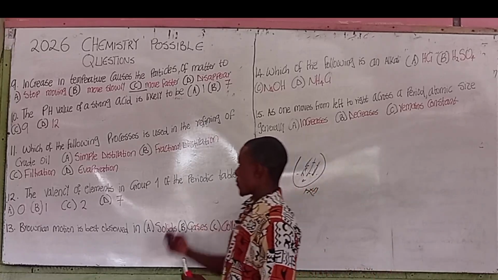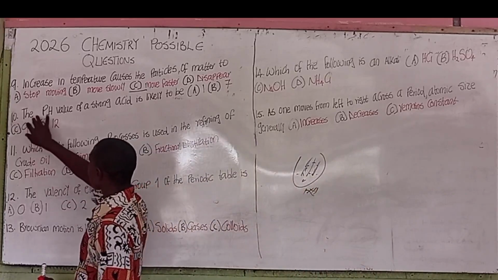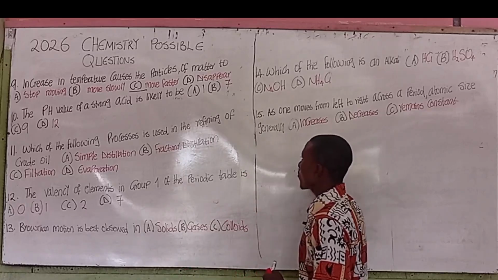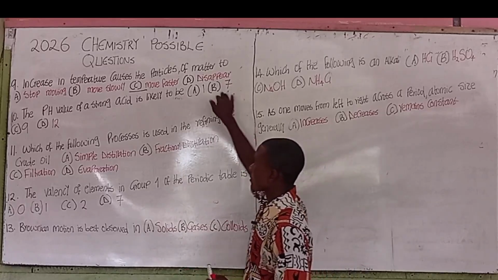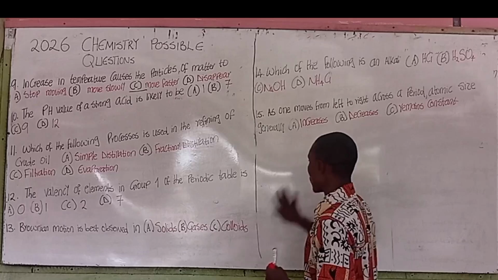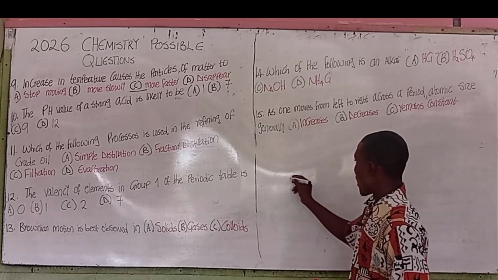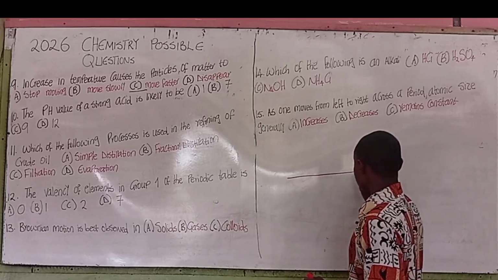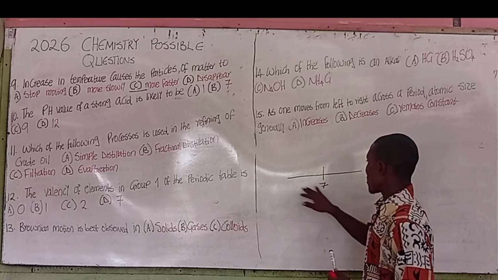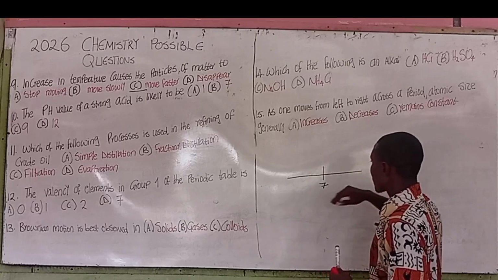Question number 10 says, the pH value of a strong acid is likely to be A, 1, B, 7, C, 9, and D, 12. The pH value of a strong acid. So we have our table, right?